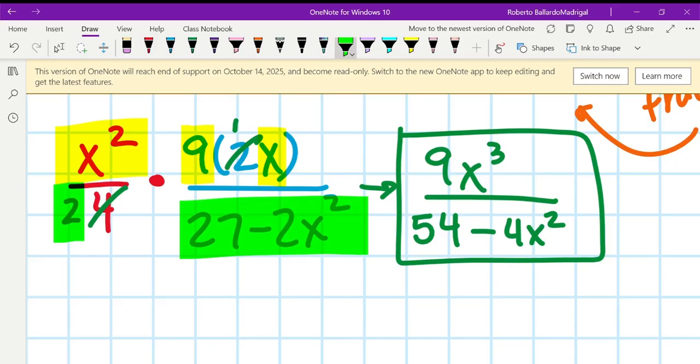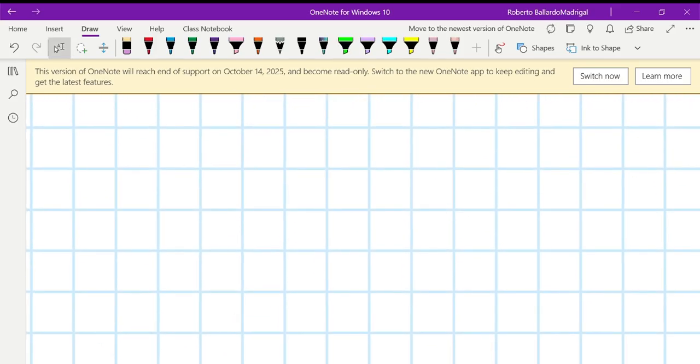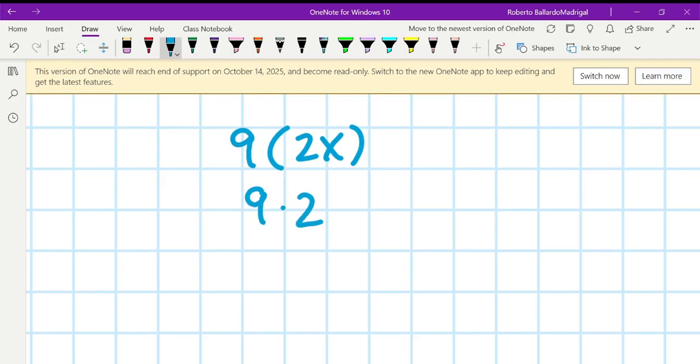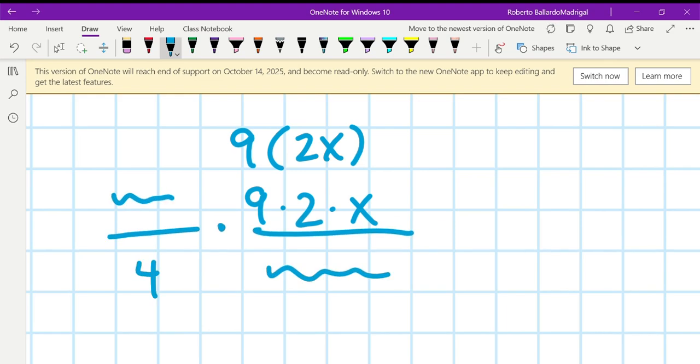Since we are multiplying everything together between 9 and 2x, I'm able to rewrite it as 9 times 2 times x, because this is being multiplied, so I could split all this up. Then this would be a bunch of stuff on the bottom times a bunch of stuff on the top, and 4.